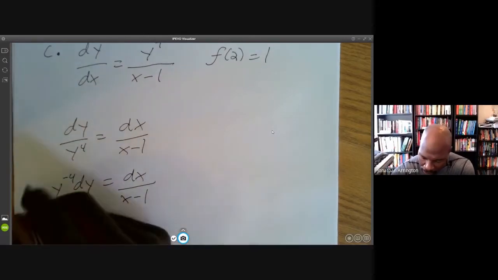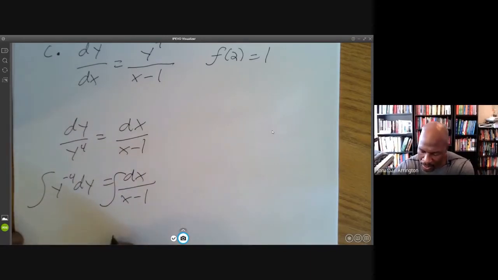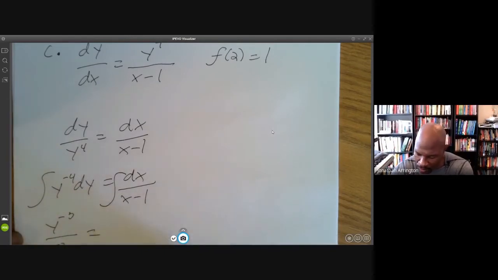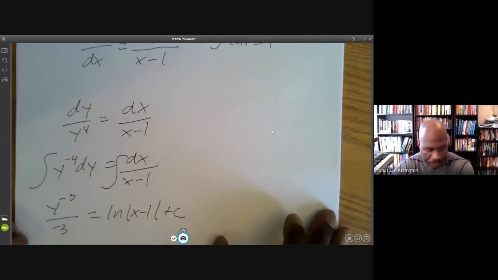So first you separate, then you integrate. And so the integral of y to the negative 4th is going to be y to the negative 3 over negative 3. The integral of dx over x minus 1 is going to be ln of the absolute value of x minus 1 plus some constant.